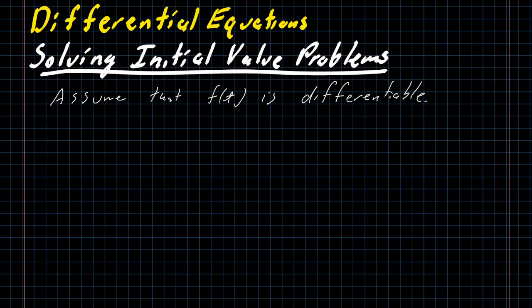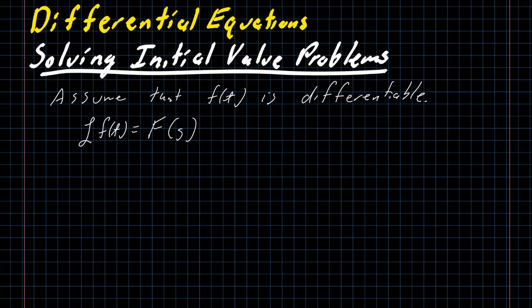Let's assume that we have some function little f of t, which is differentiable. And let's name the Laplace transform of little f of t as capital F of s. All right, so we know we have a function, we know it is differentiable, and we know that its Laplace transform is defined.